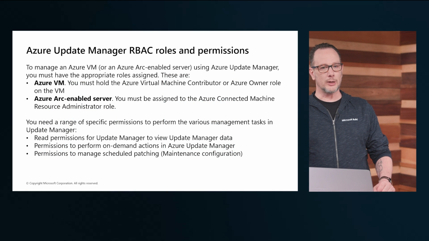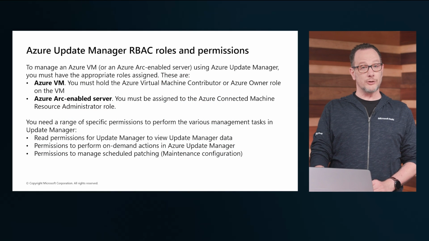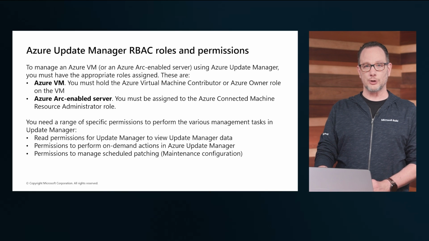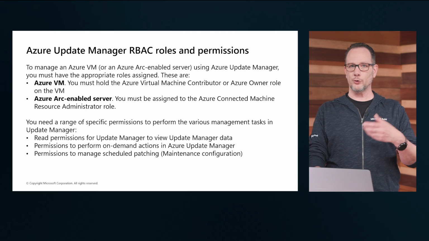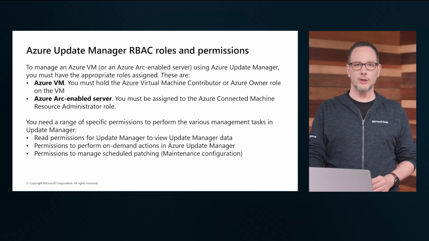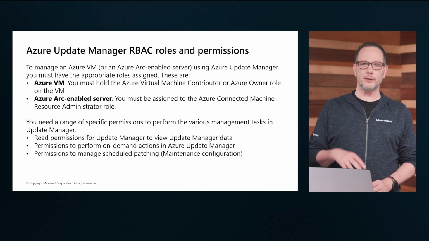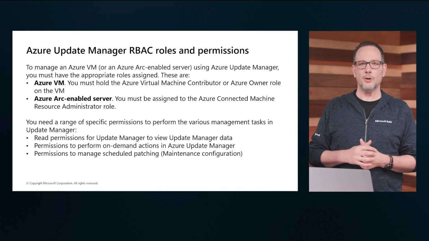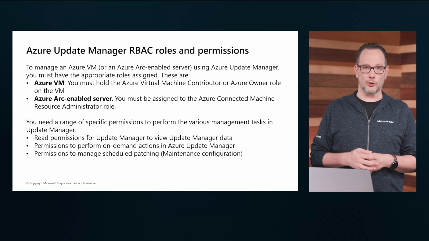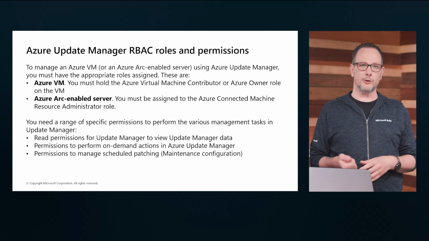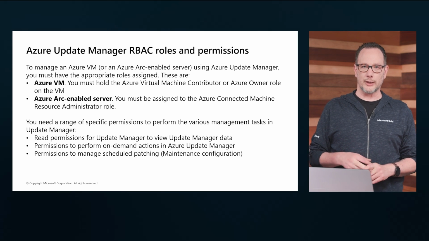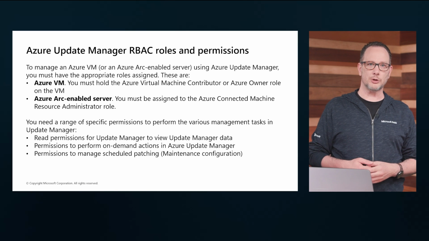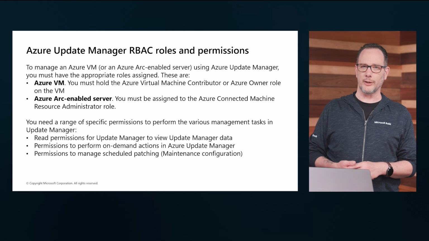A little bit on the lower level, it also means that there is a specific Azure Update Manager role-based access permission. So you need to hand out specific permissions to the virtual machine, making sure that it can connect to that Update Manager service. For the hybrid ones, you have that Azure Arc-enabled server concept, and that's where you need to assign the Azure Connected Machine Resource Administrator role.